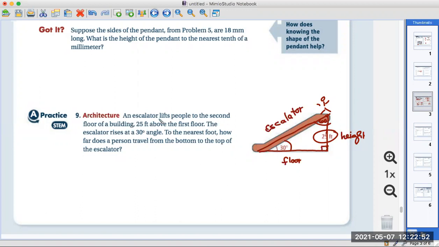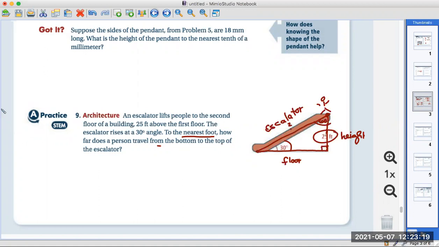An escalator lifts people to the second floor of a building 25 feet above the first floor. The escalator rises at a 30-degree angle. To the nearest foot, how far does a person travel from the bottom to the top of the escalator? So this is the question. How far from here to here?